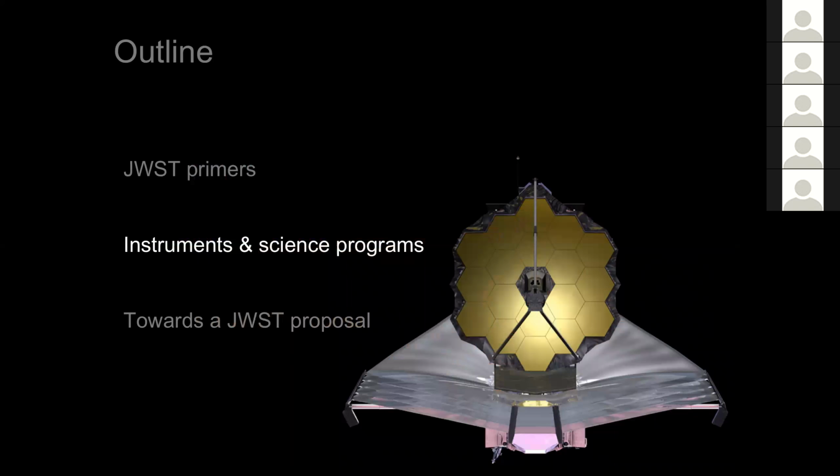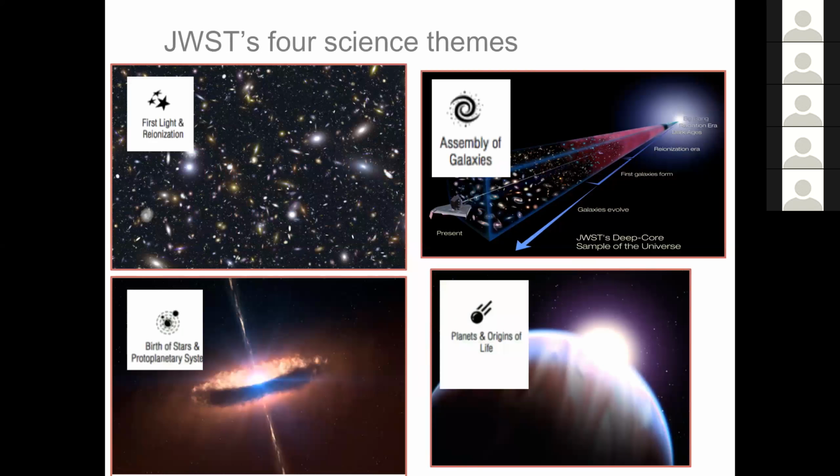Okay, now let's move on to instruments and science program. First of all, just to give you the main science themes that JWST will address, as you can guess, it will cover essentially everything: from the early universe, to understand the first light and the reionization epoch, galaxy evolution, called galaxy assembly, and the birth of stars and protoplanetary systems, so basically star formation and disks, and finally planets and the origin of life, which include in this solar system science and exoplanets.